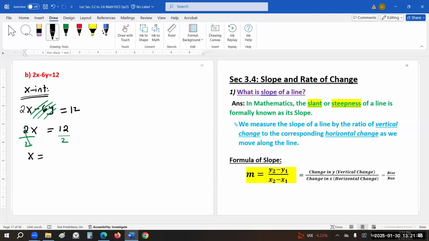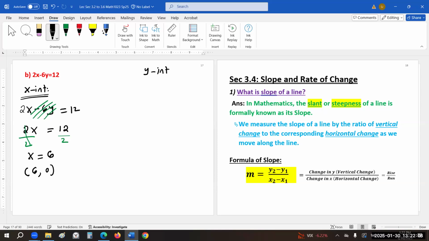No. 2 goes into 12, how many times? 6. So x is 6. Can you also tell me the point format? If x is 6, what's the y value? 0. Perfect. You got it.